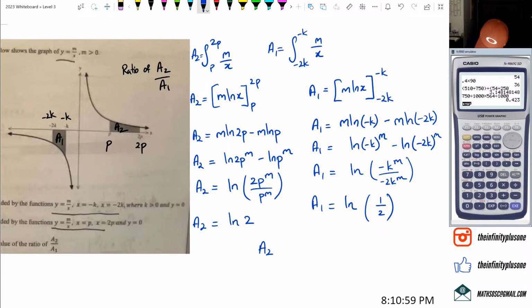So then the ratio a1 over a2 is going to be ln of half divided by ln of 2. I'm thinking that's what it is.